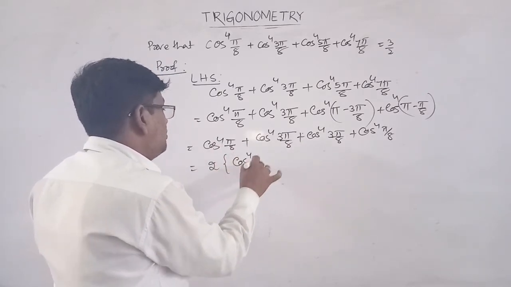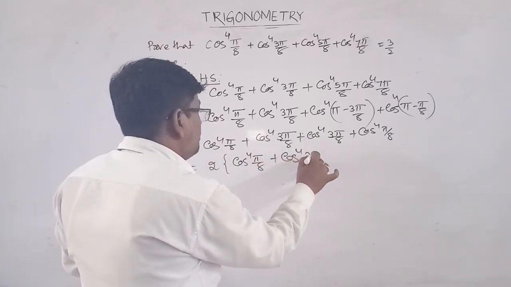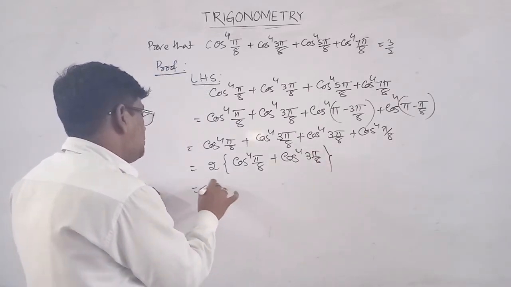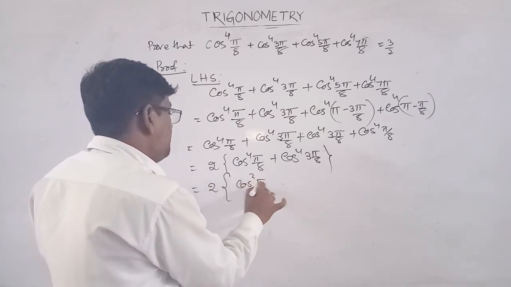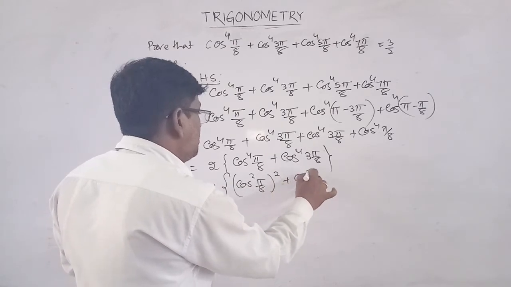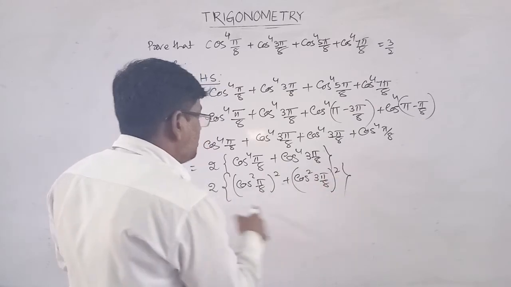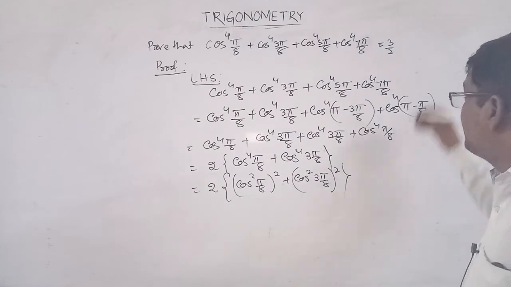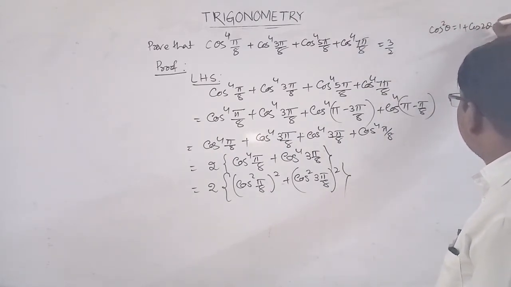That is equal to 2 times cos 4th pi by 8 plus cos 4th 3 pi by 8. This is equal to 2 and we can write here cos square pi by 8 whole square plus cos square 3 pi by 8 whole square. What is cos square theta in multiple angle form? Cos square theta is equal to 1 plus cos 2 theta by 2.